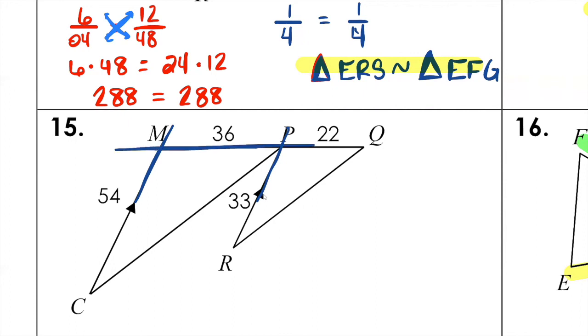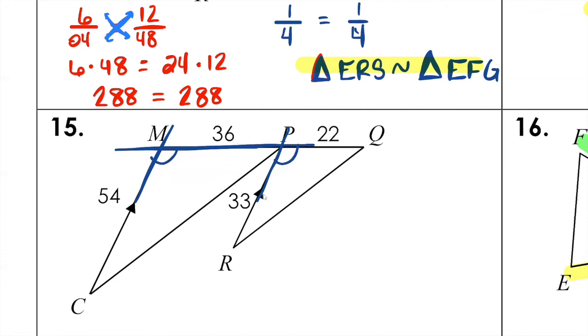What do I know about angle M and RPQ? So this angle and this angle. They are corresponding, so they are congruent. They are both below the transversal, with one inside the parallel lines, one outside the parallel lines. These are corresponding angles which we know are congruent.